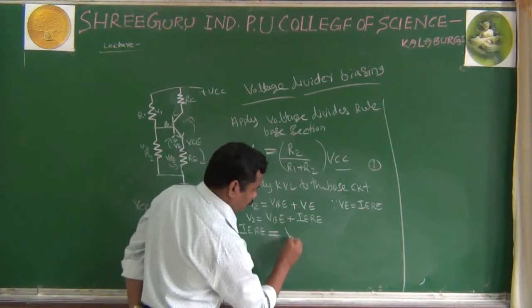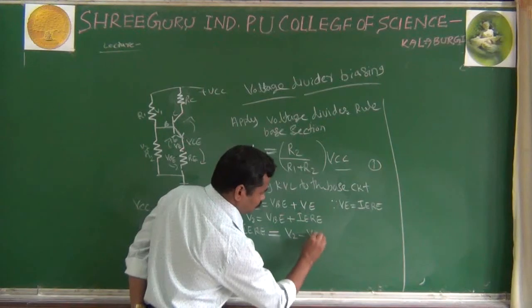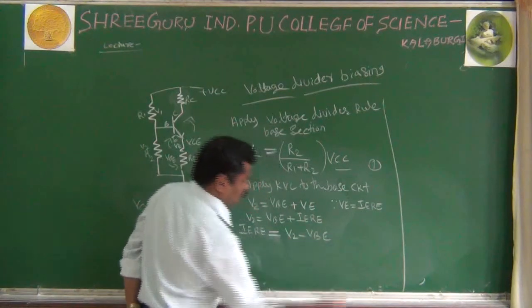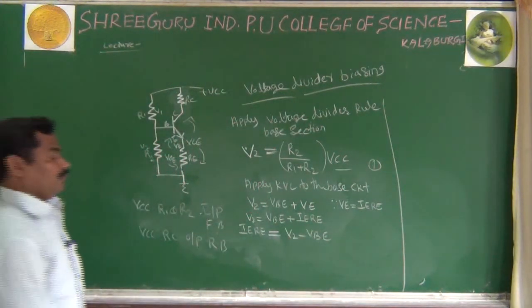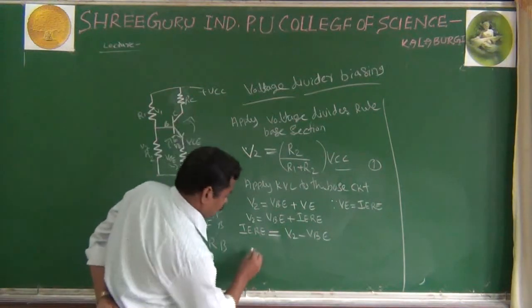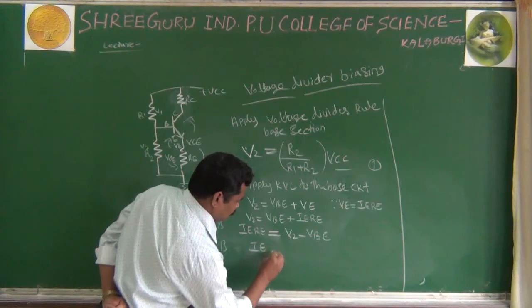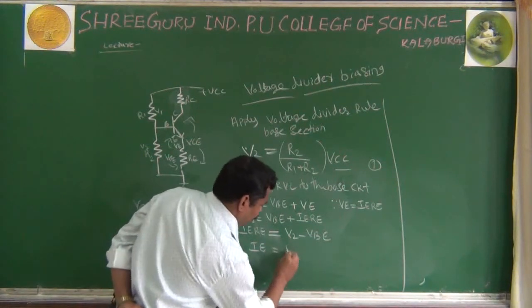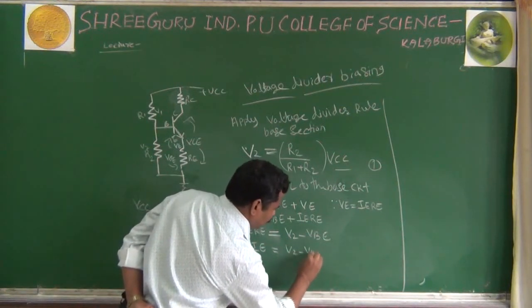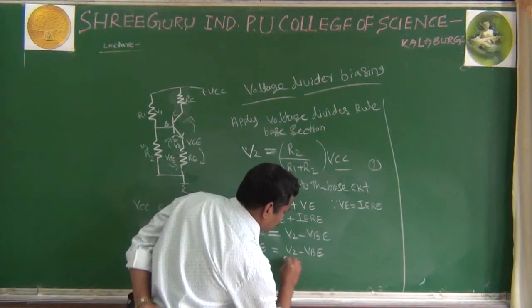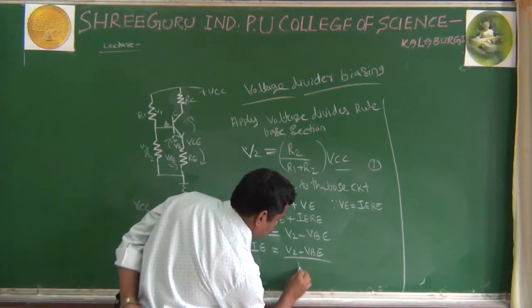That becomes V2 minus VBE, or V1, is RE. IE is equal to V2 minus VBE divided by RE.